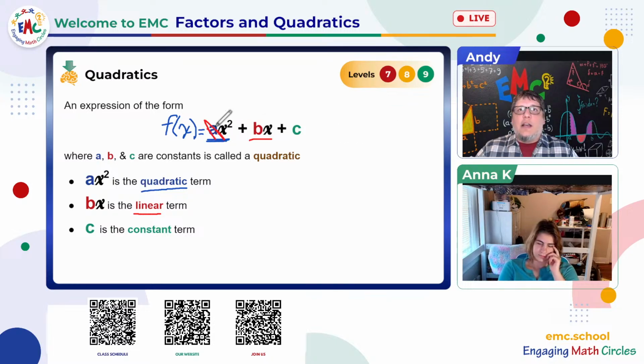So if this was gone, this would be a line. That's why we call this a linear term. And finally, we have our constant term. It has no variable in it. It's just a number.